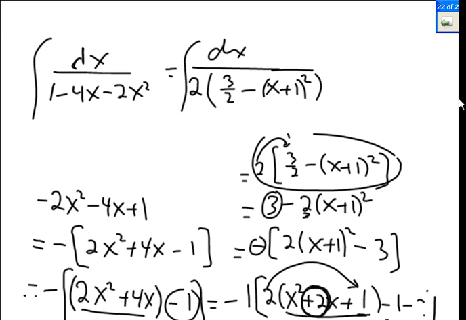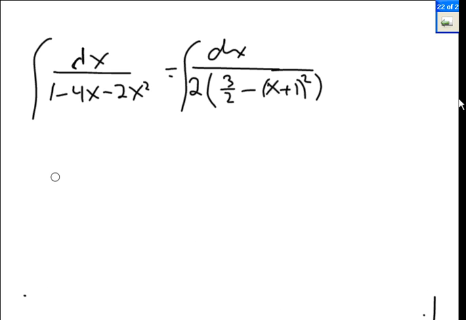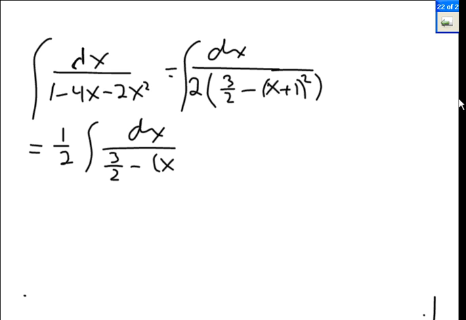It's completing the square. Let's get rid of it. That 2, I'm going to factor out the 2 in the bottom. So it's really 1/2 the integral of dx over 3 over 2 minus x plus 1 squared.